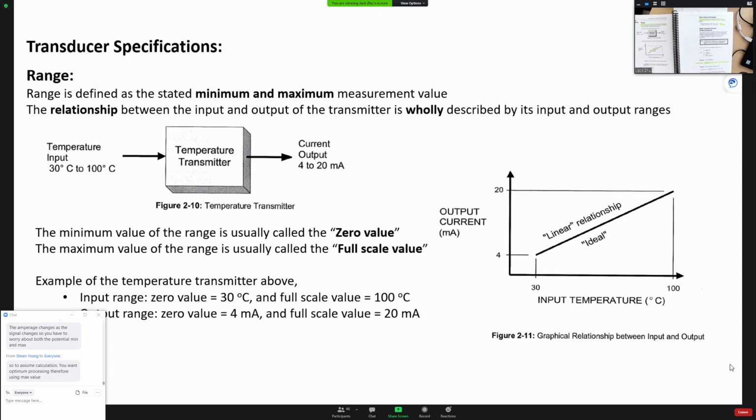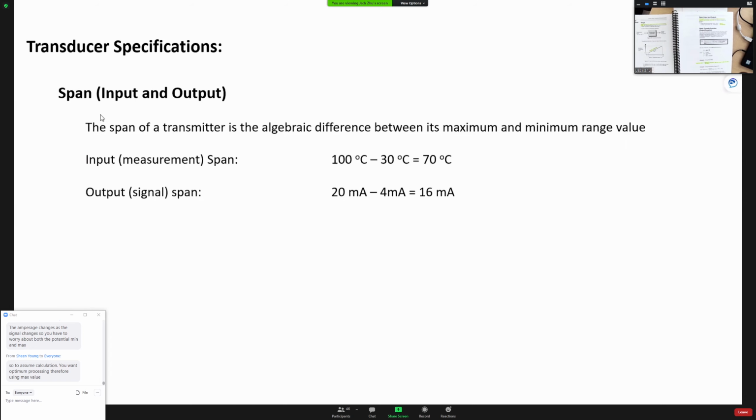Another idea is called the span, on the second page: the input and the output span. The span of the transmitter is the difference between the maximum and the minimum value down here. So the input span is 70 degrees. The output span is 16 milliamps.